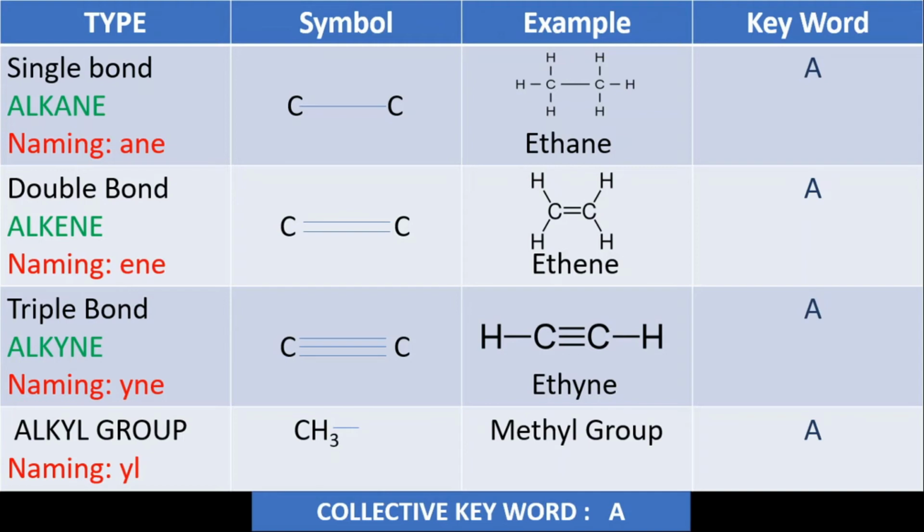We normally represent an alkyl group with R, as the word A carries the start of alkyl group, so I have also included it in the category of those functional groups whose names start from the letter A. We have studied 4 functional groups which start from the letter A. And the collective keyword to remember them, or the key letter, is A.